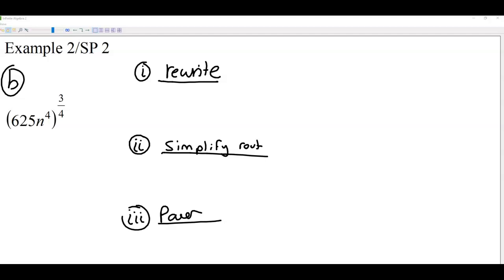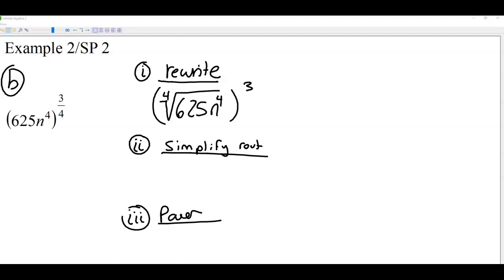DeAndre, what'd you get for the first step there? The 4th root, to the power of 4 and that's the power of 3. Good. That's correct.